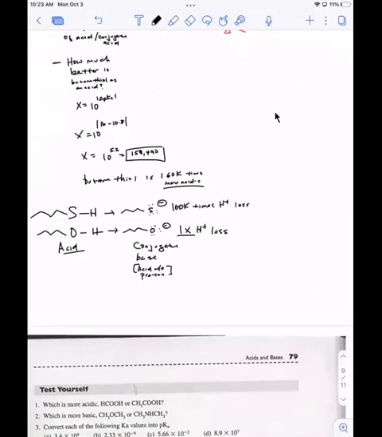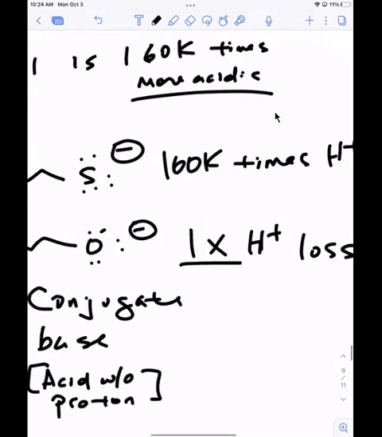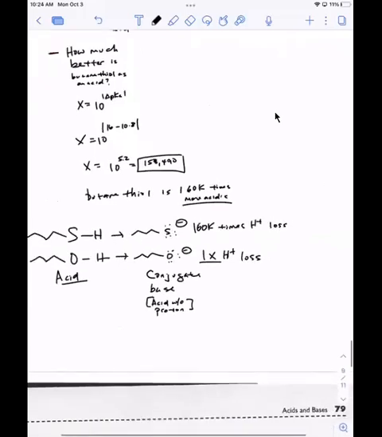So every time you lose one proton from the butanol, that happens 160,000 times for butane thiol. Does that make sense? So you got 160,000 molecules of butane thiol giving up a proton every time one molecule of butanol gives up a proton.